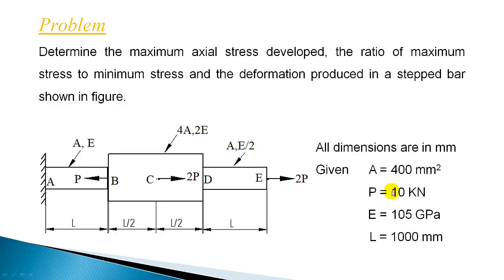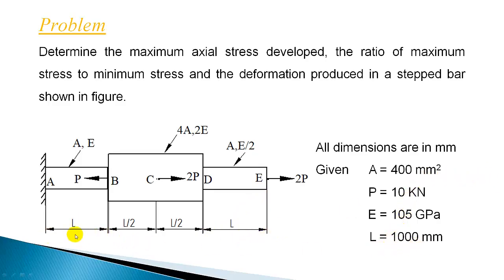The A and E values are given, and the length of the first portion AB is L, and BD is also L, but at C there is another force acting. So even though the area of cross section is uniform for the section BD, we need to consider this as two different portions, BC and CD, because an intermediate load is acting at C. And the last section is also of length L, and L is given as 1000.